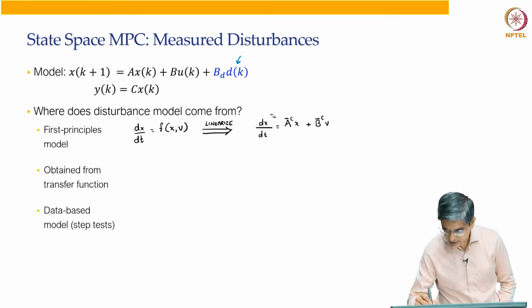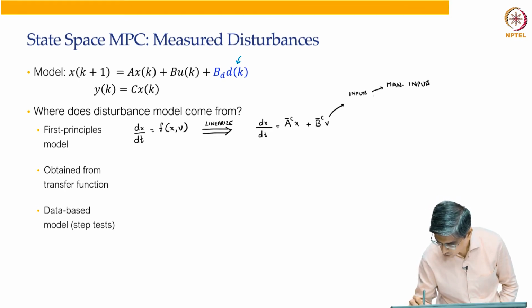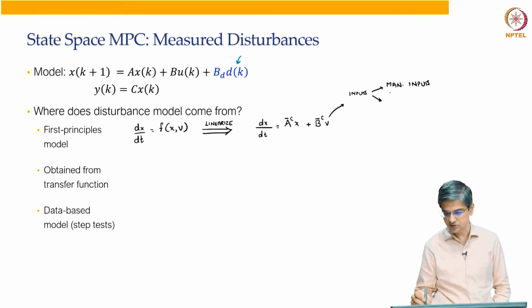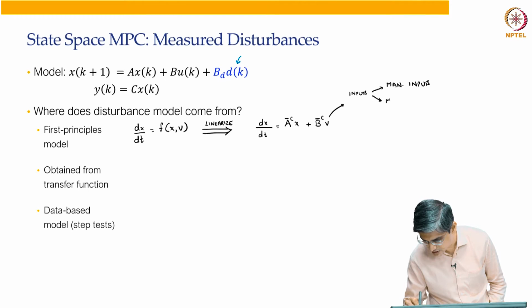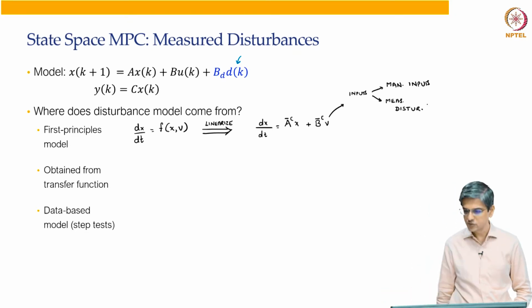Now, V itself, inputs are of two types, okay. One that you can manipulate are manipulated inputs, one that you cannot manipulate, but you measure and you model the effects of them, those are called measured disturbances. Okay.